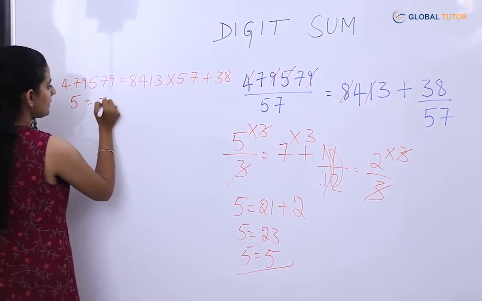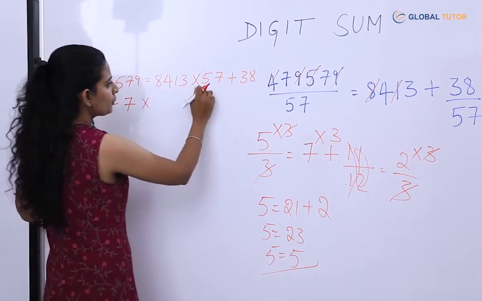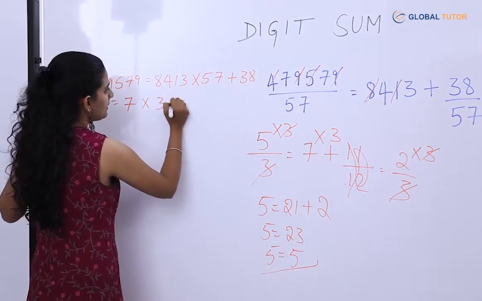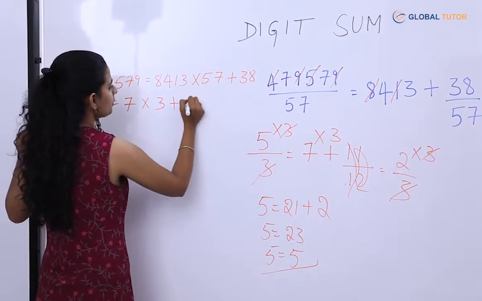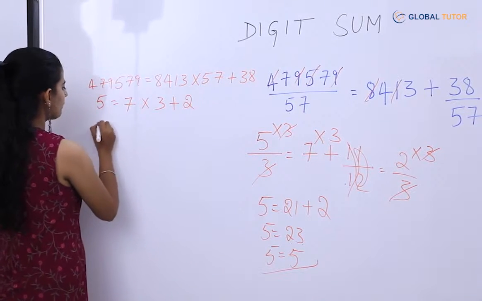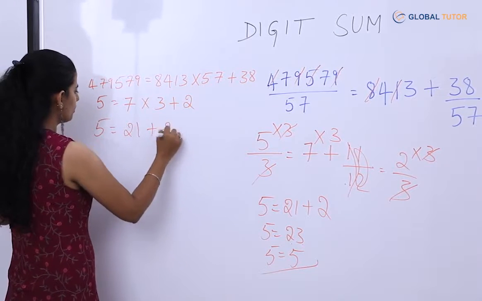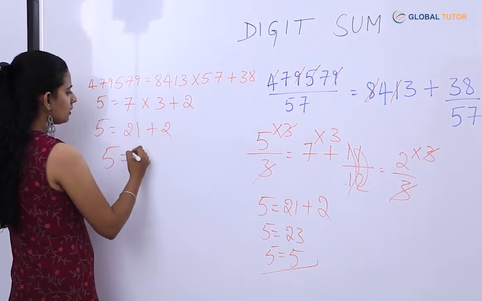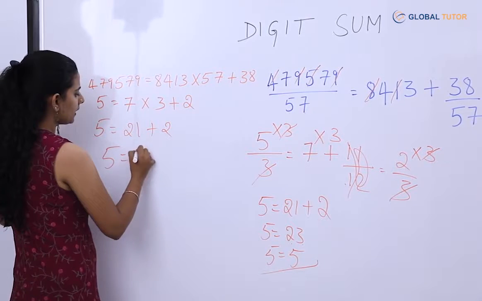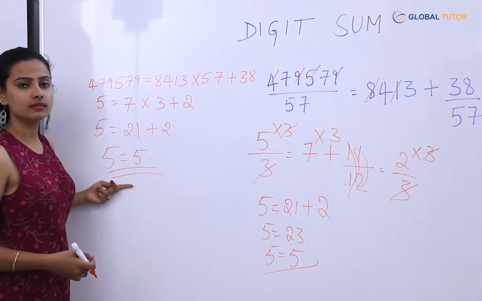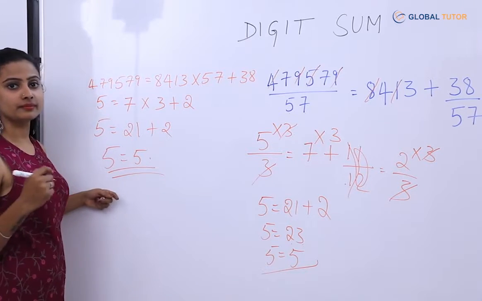So you take 7 into 57, which is 3, plus 38, which is 2. Now 5 is equal to 7 into 3 is 21 plus 2. So 5 is equal to 23, which is again 5. Even if you apply this method, you get the same answer.